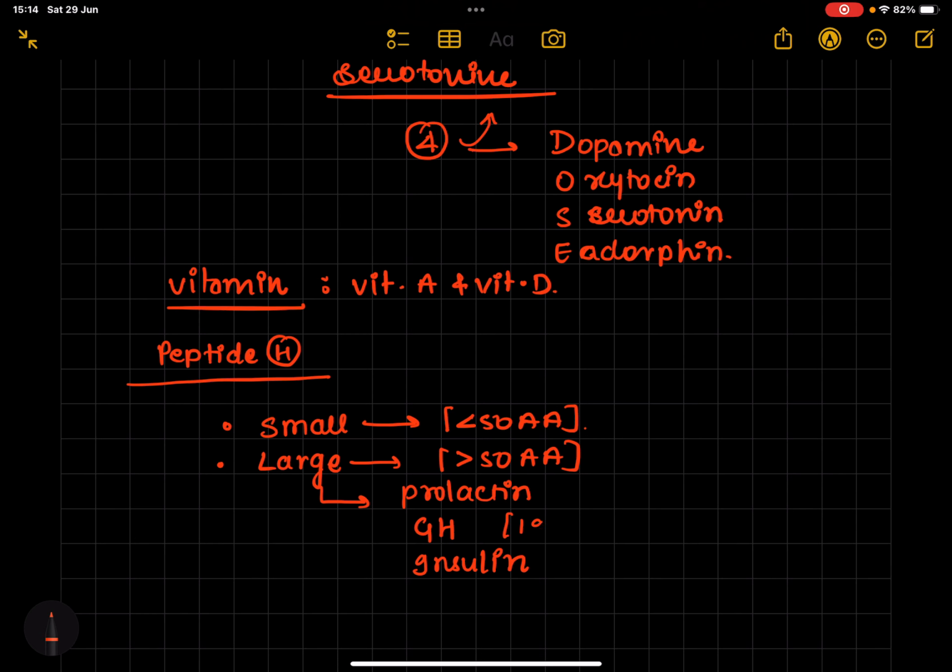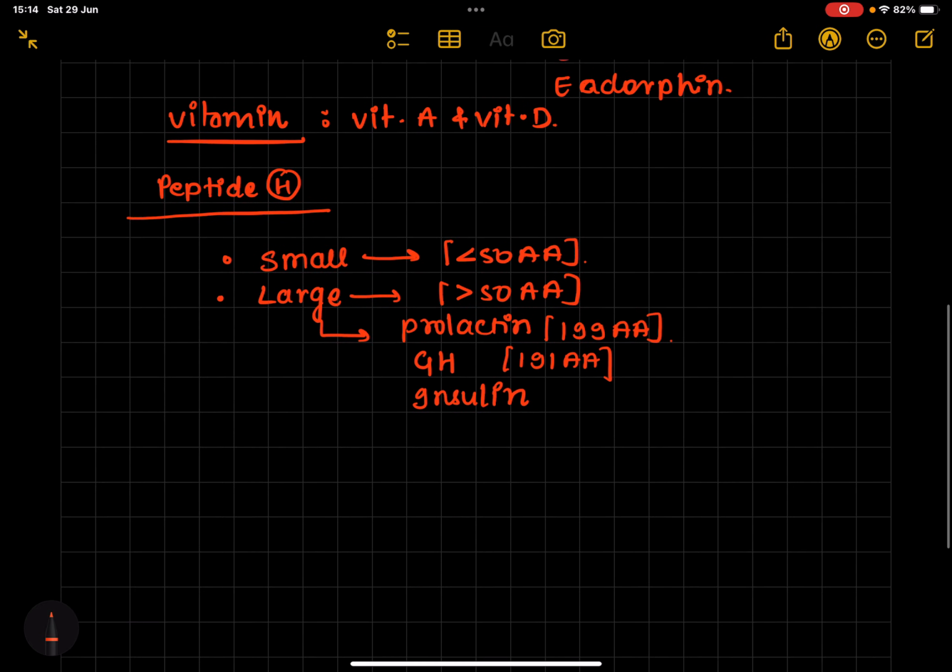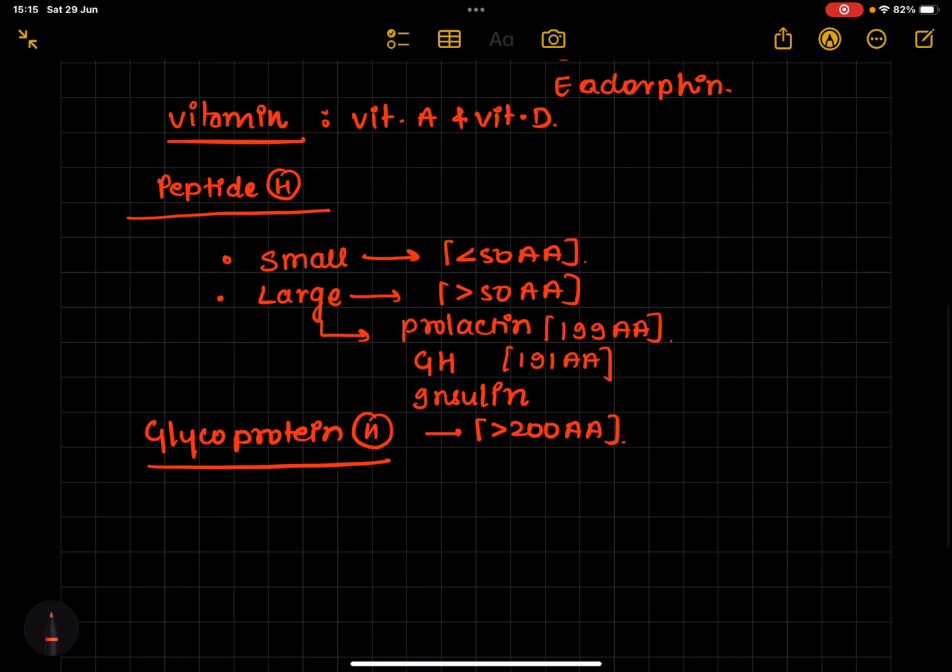Growth hormone contains 191 amino acids. Prolactin contains 199 amino acids. Okay. Next is glycoprotein hormones. So glycoprotein hormones, they contain more than 200 amino acids, and they contain a carbohydrate subunit also.